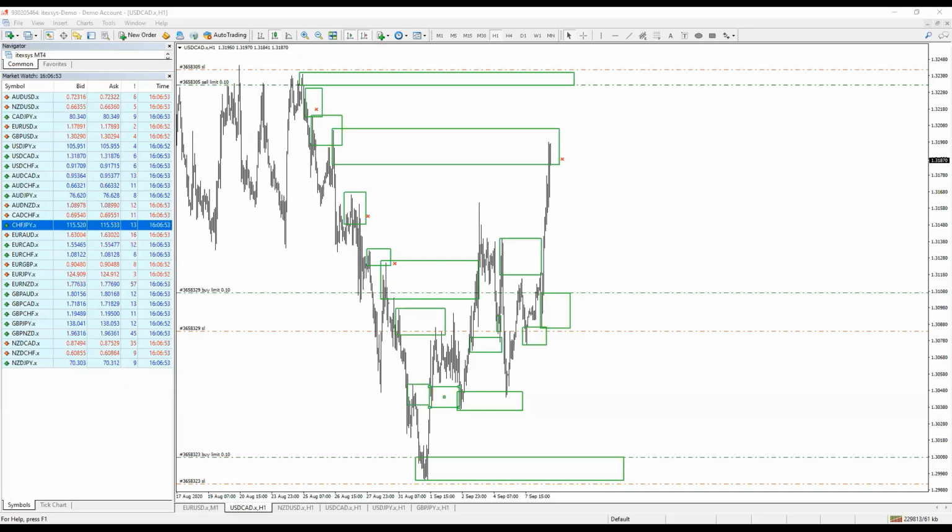Shouldn't the box be in red for supply and blue for demand zones? Yeah, Kosh, it's the right thing to do. If you want to signal yourself with coloring, that's even better.